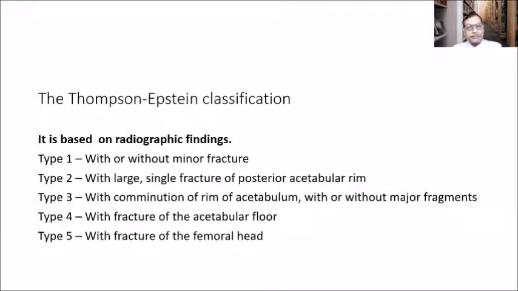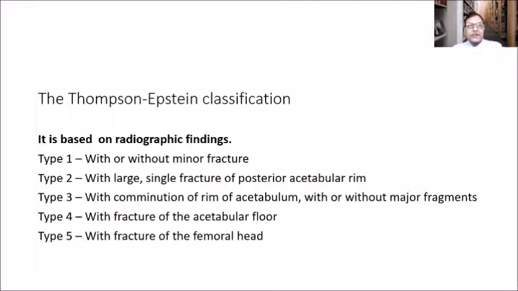This Thompson-Epstein classification is based on the radiological findings, and they will talk about the fractures happening there. So type 1 is there is no fracture, or there is a fracture which is a very minor one. Type 2 is there is a fracture which is large and it is over the posterior acetabular rim.